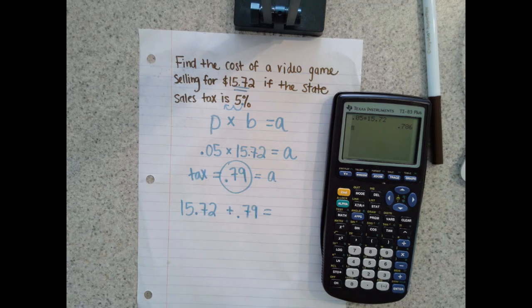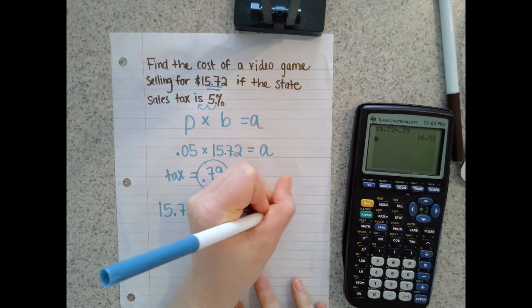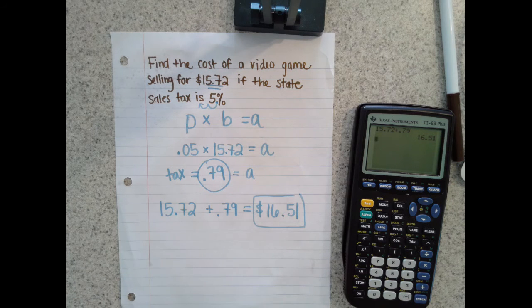This will give you your total cost that you pay as you check out. $15.72 plus the 79-cent tax is equal to $16.51. This is the price you'll have to pay upon checking out.